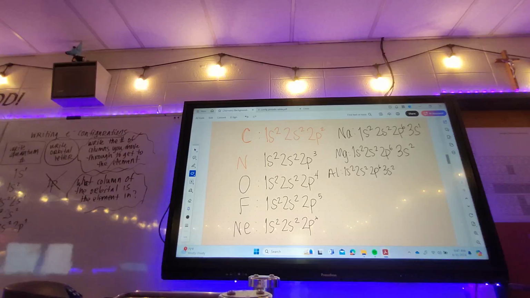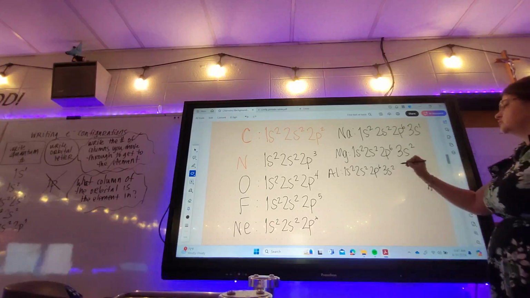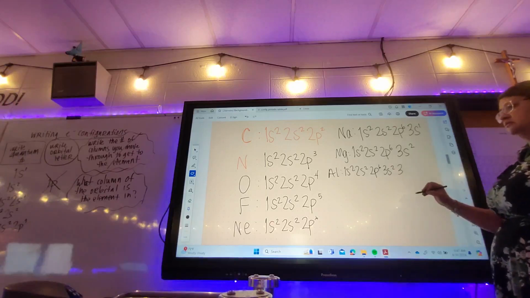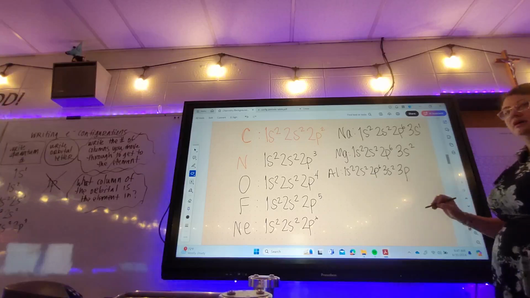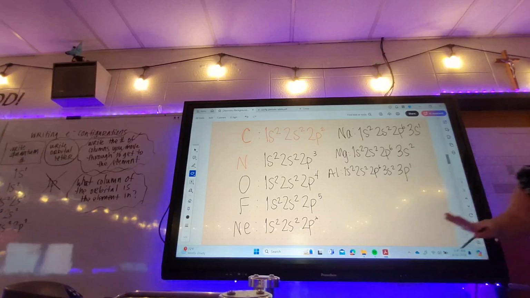What row is aluminum? Or what's its quantum number to be more precise? 3. What orbital? P. P. 1. How do we feel? Good. Better than other. Okay, good.